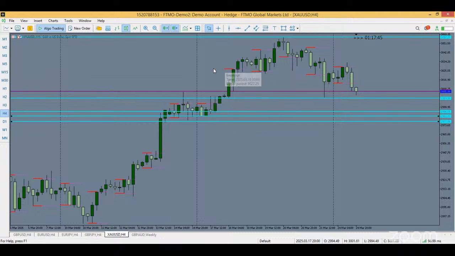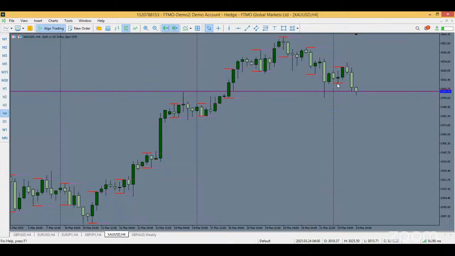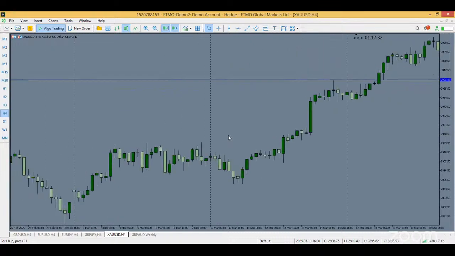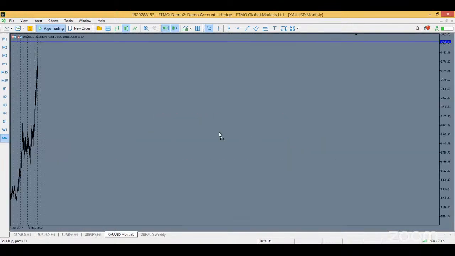If you look at this, let me remove all these lines. Remove this one too. Okay, so if you squeeze this all in, so look at all this. Let me even go to monthly chart.